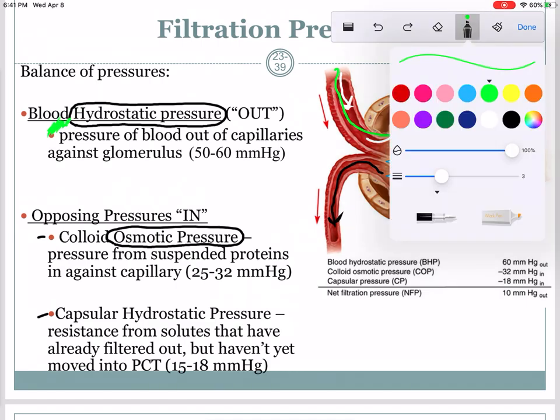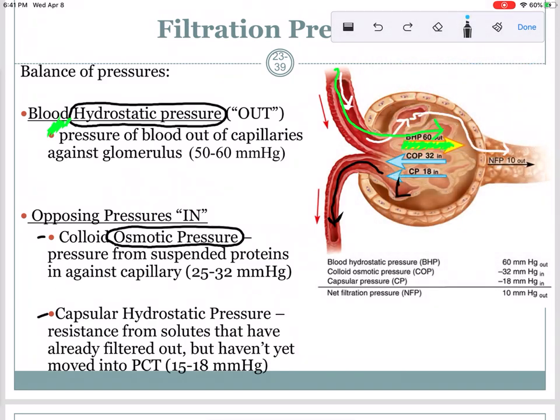On the other hand, we have an opposing osmotic pressure, and that's what these blue arrows are showing you. This is colloid osmotic pressure. This is pressure from the capsular space in to the glomerulus. So we're always going to have some of both.